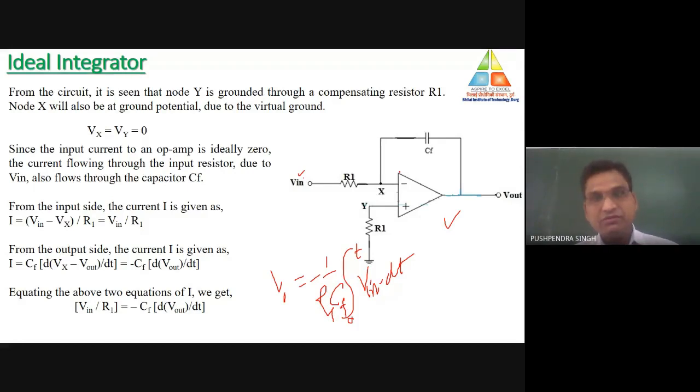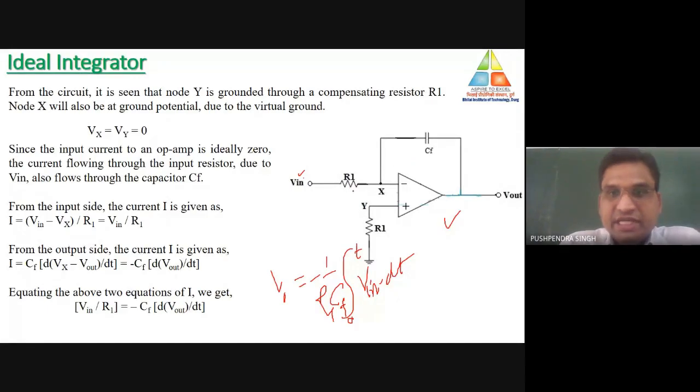As we know, whenever the signal is connected at the inverting terminal, there would be a phase shift of 180 degrees between input and output. So here we will also see whether there is a phase shift of 180 degrees between the input and output voltages or not.